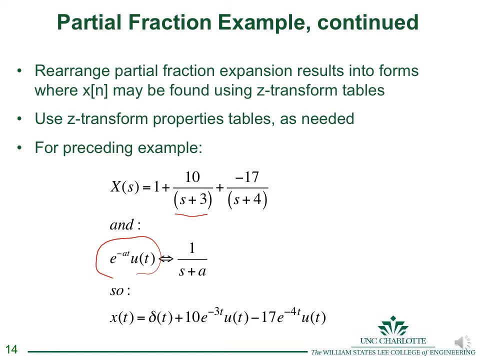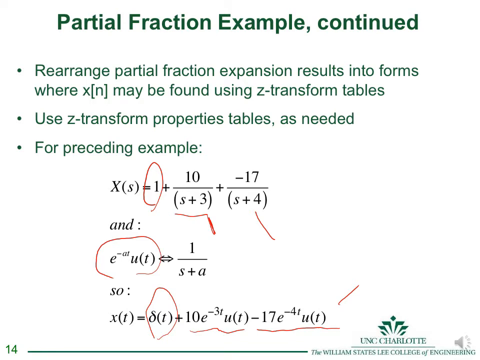So I have 10 e to the minus 3t u of t for the first one, and minus 17 e to the minus 4t u of t for the second term. Also, don't forget, we had a 1 up front. The inverse Laplace transform of a 1 is a delta function. So using this method, we find the solution for x of t.